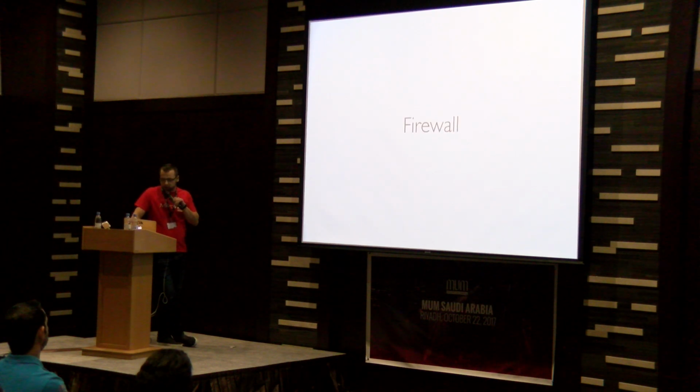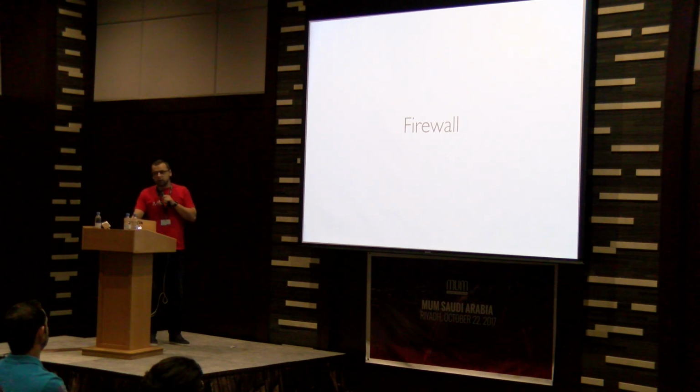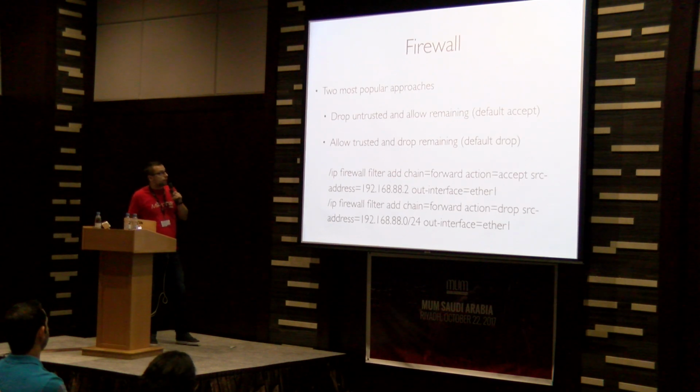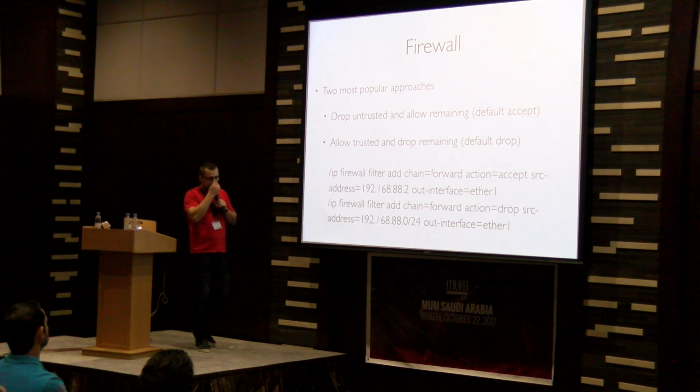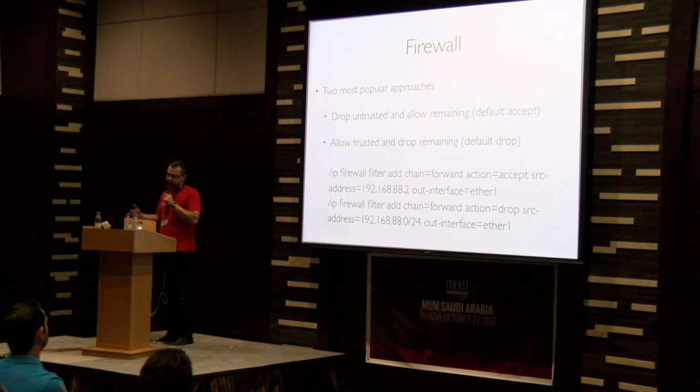Okay, that was about the very basics, disabling functionalities and so on. Now let's talk a little bit about firewall. Basically, I will be telling about the MikroTik default firewall configuration, but if someone of you doesn't know how it works and what each rule does, I hope I will be able to explain. First of all, there are two common practices for how a device is protected by firewall.